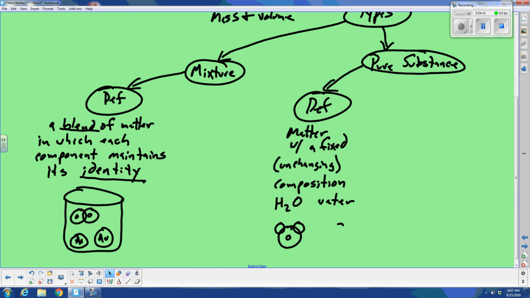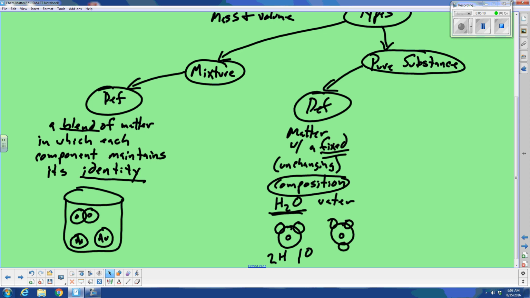Now, let's say I have an oxygen with 3 hydrogens on it. Is that water? Well, no, it's not water, because water is always what? H2O. There are always 2 H's and 1 O. That composition of H2O is fixed, never changing. So that means water, H2O, is a pure substance.